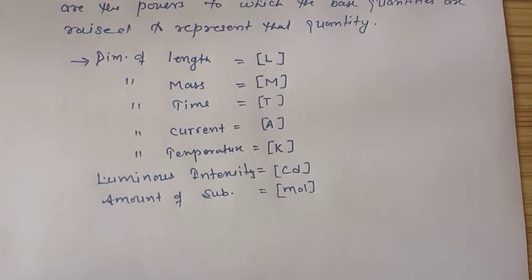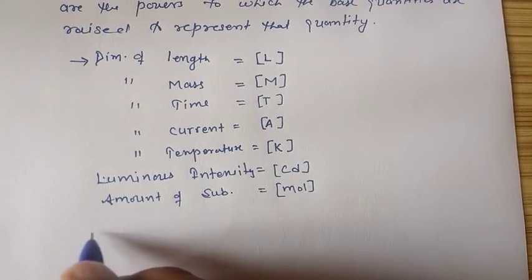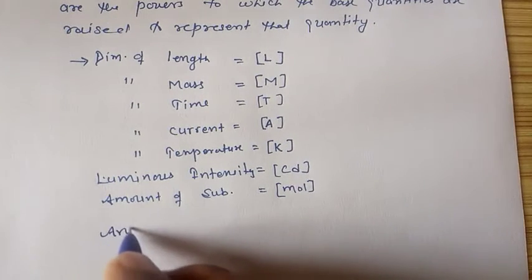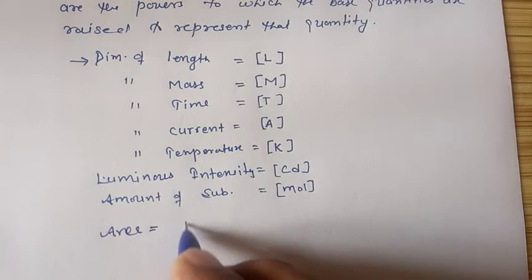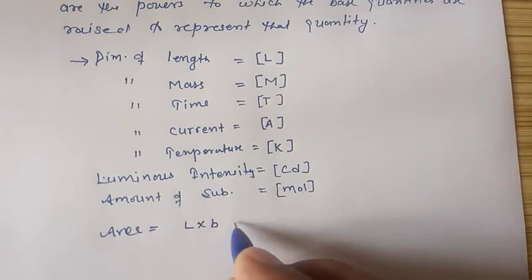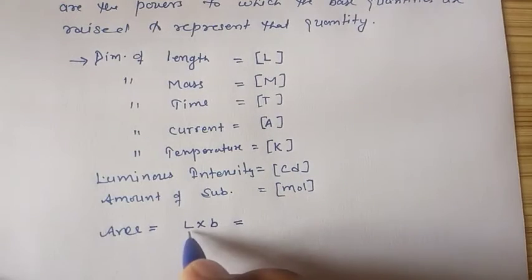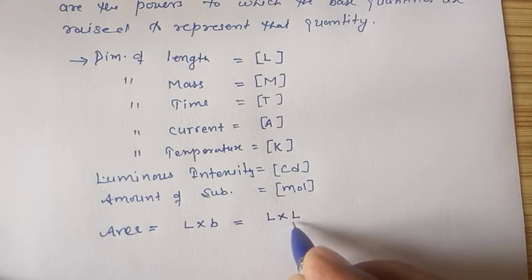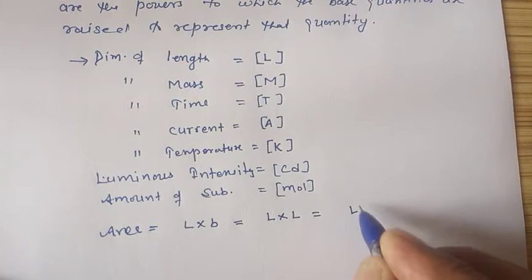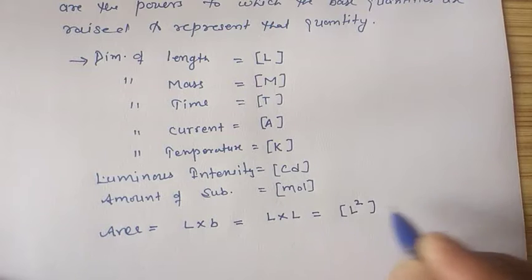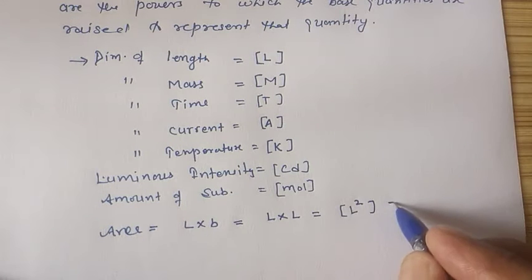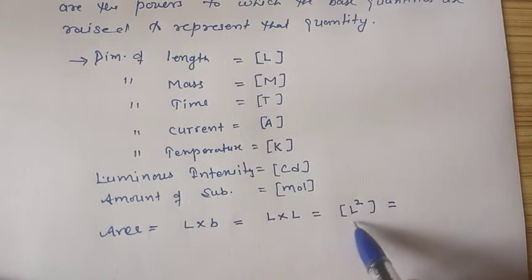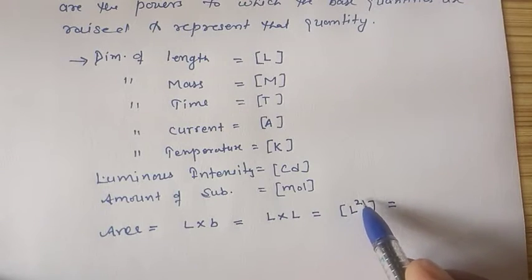Now suppose you are discussing the dimensions of area. What is area? Area is length into breadth. Length has the dimensions of L, and breadth is also a length. So L into L gives L square. Here you can see the power of the base quantity L is raised to power 2.